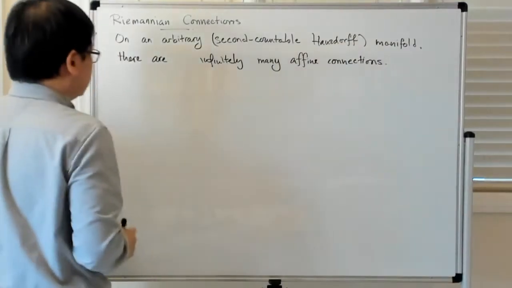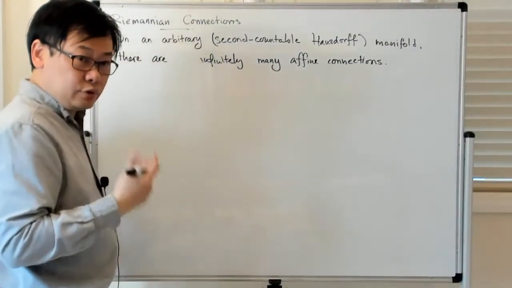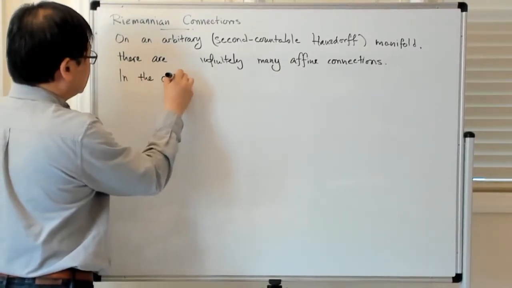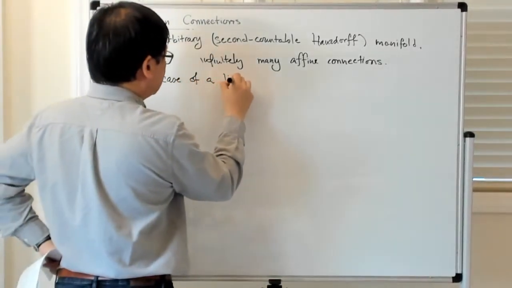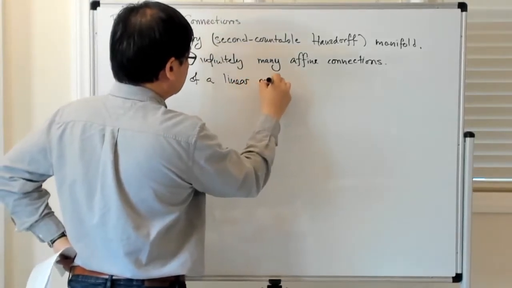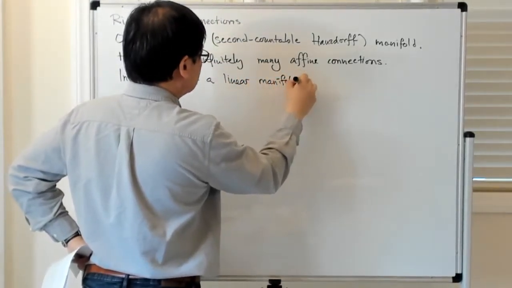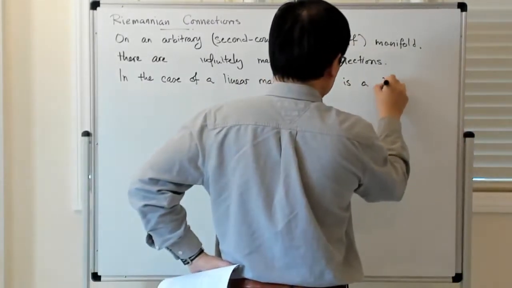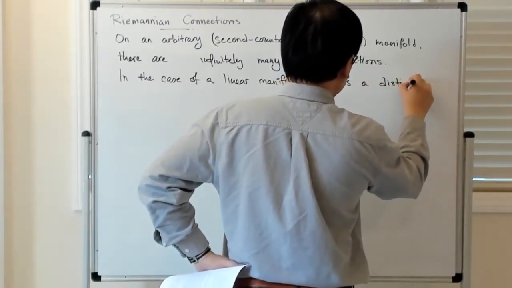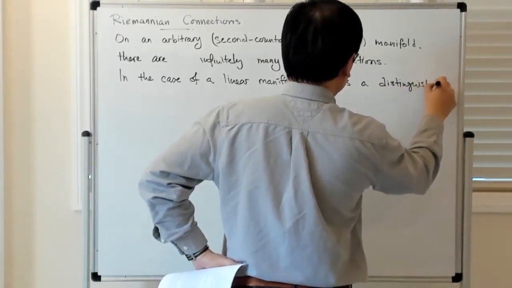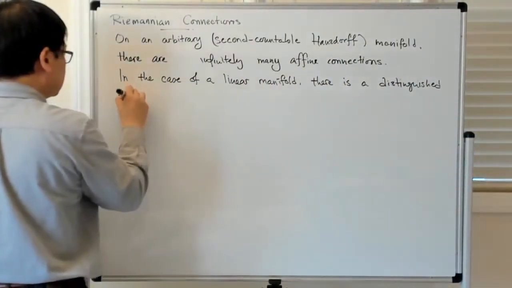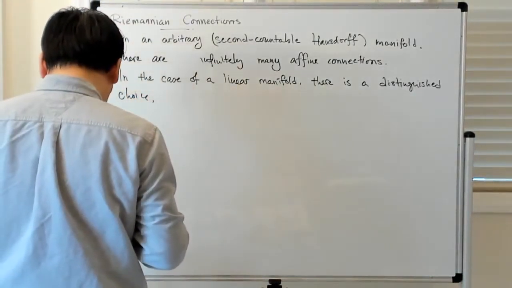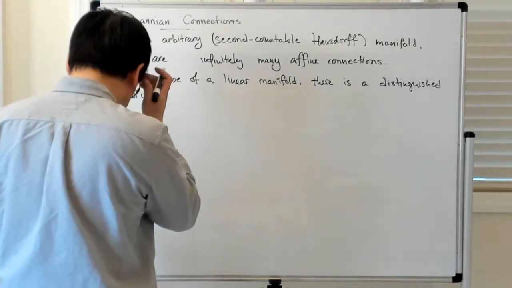Okay, so in the case of a linear manifold, there was a distinguished one, right? That's basically the canonical connection.